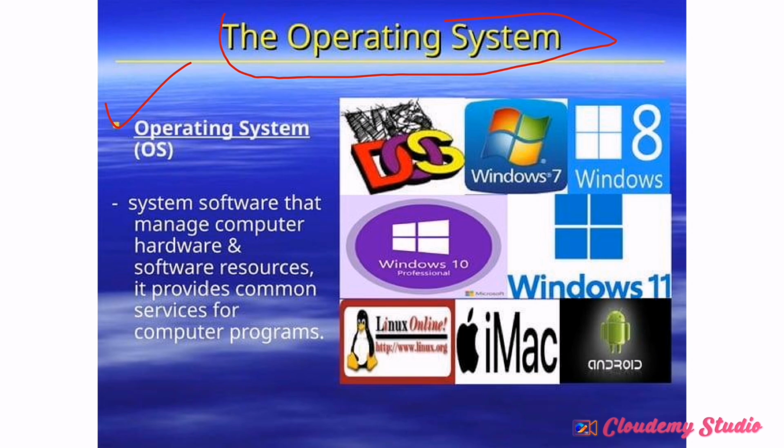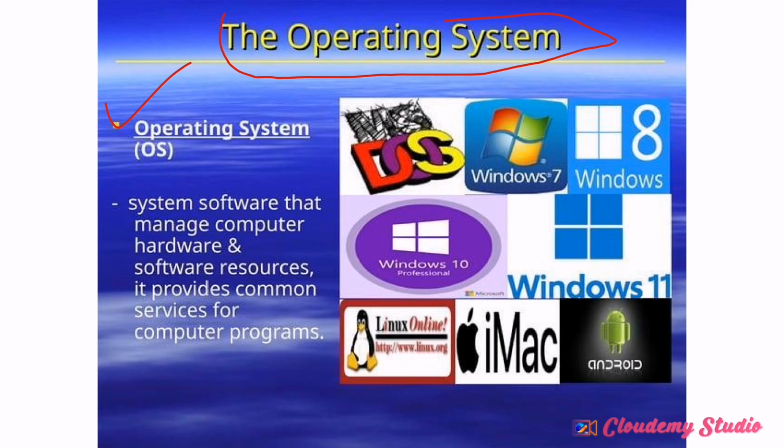It's an operating system. Apple or iMac, that is an operating system. Android, that is an operating system. Linux, that is an operating system. Windows 7, that is an operating system. Windows 8, that is an operating system. Windows 8.1, that is an operating system.